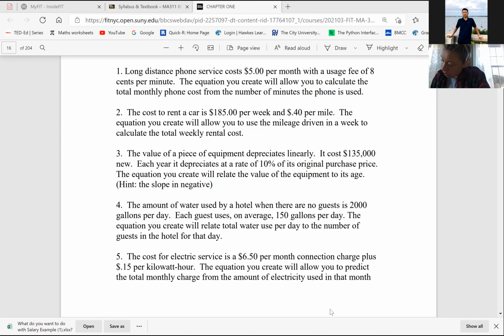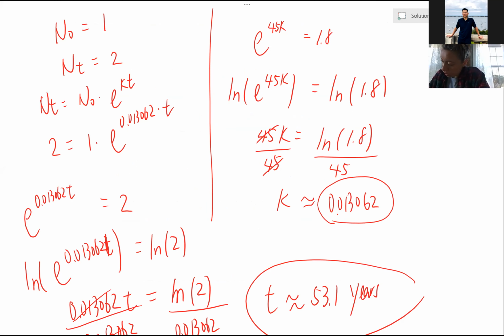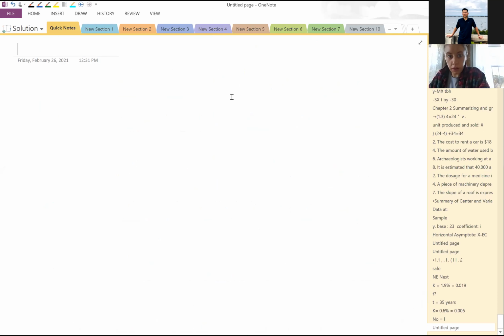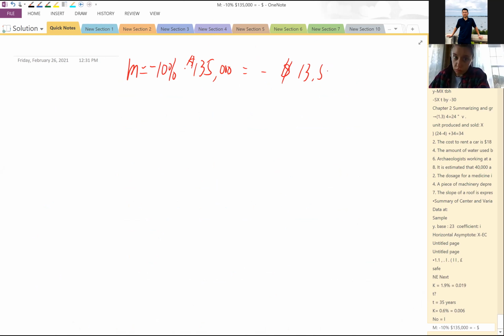That will be your slope, and it's negative. So here, slope should be negative 10% of 135,000. Slope turned out to be negative 13,500.